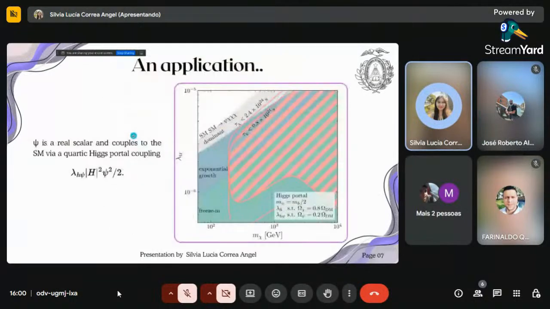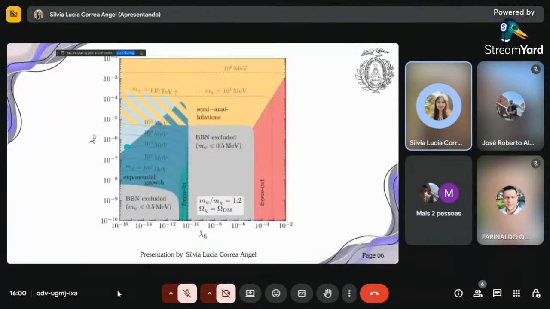So here they are using one application for this mechanism of exponential growth.